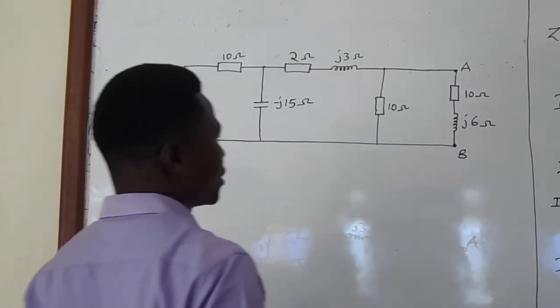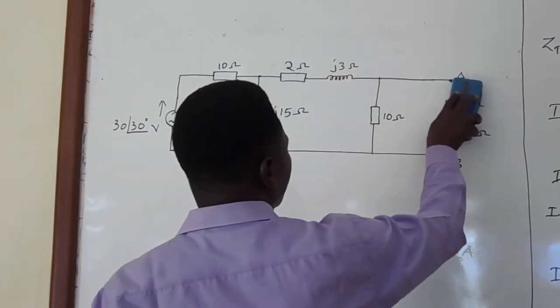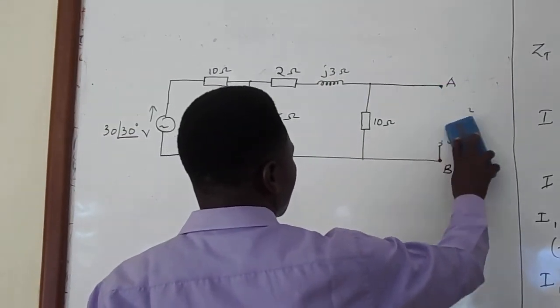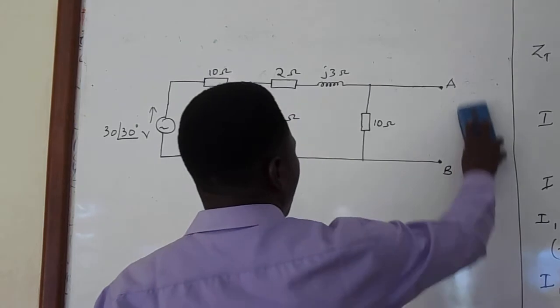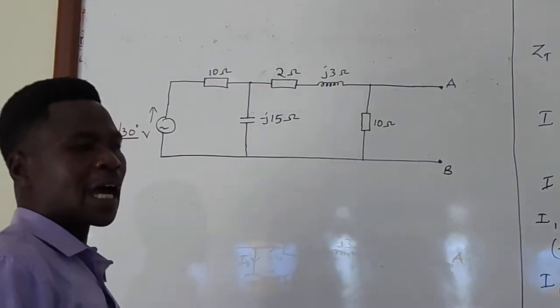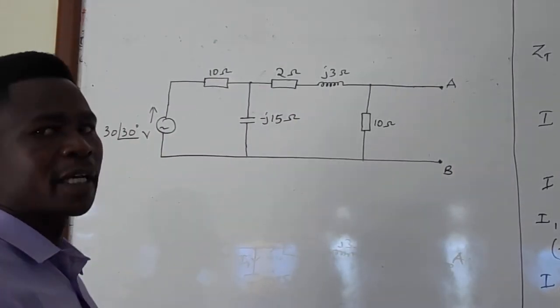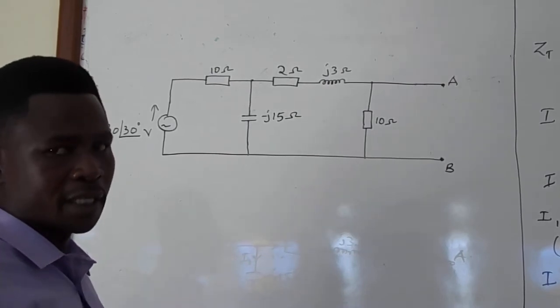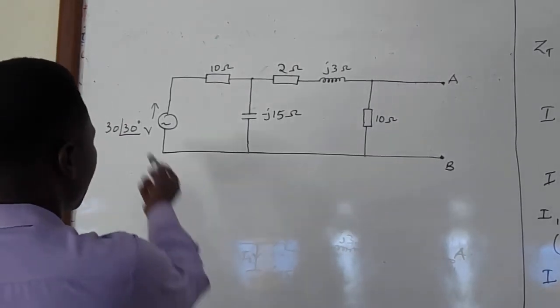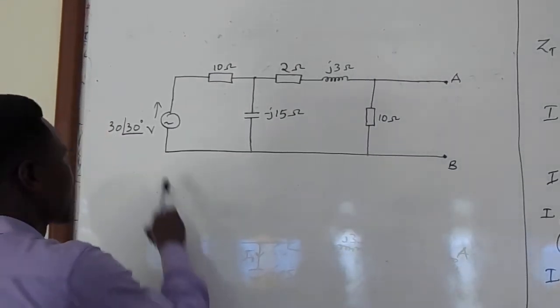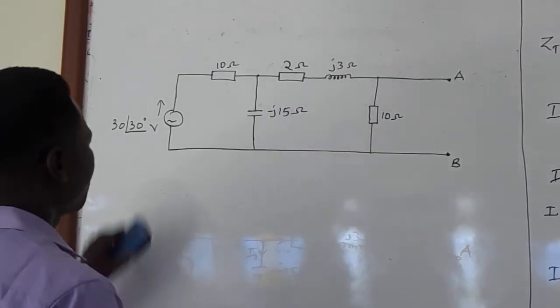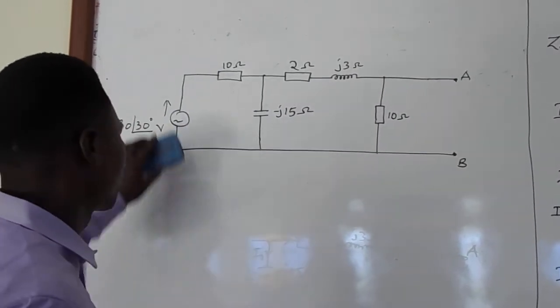As I said, the load is removed, and the source of EMF is replaced by its internal resistance, if any. But in this case, there is no internal resistance for this supply, and therefore I will just replace it with a short circuit.